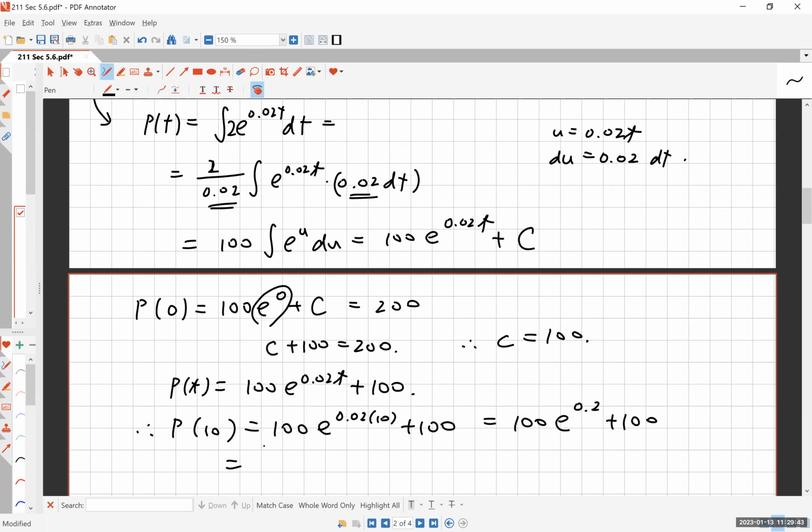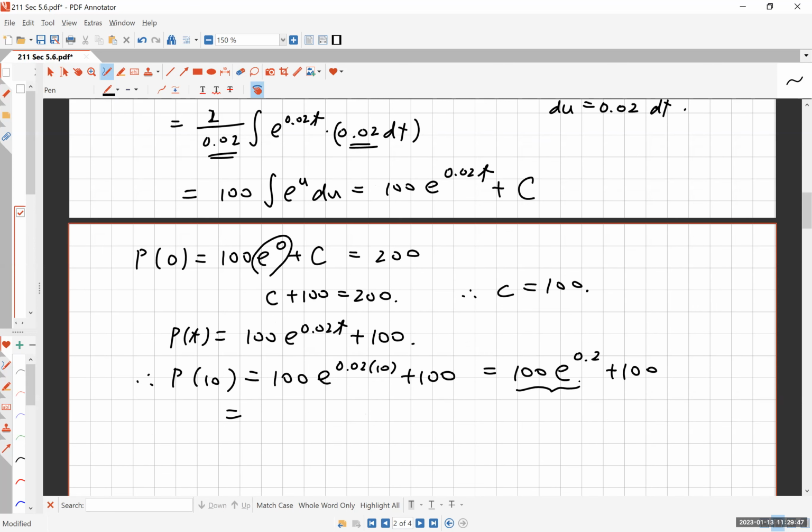And 100 times e to the 0.2 is going to be an approximate number, 122.14 and so on, plus 100. And so that's going to be 222. Roughly speaking, you're going to have 222 flies. Okay, so that's pretty simple, right?